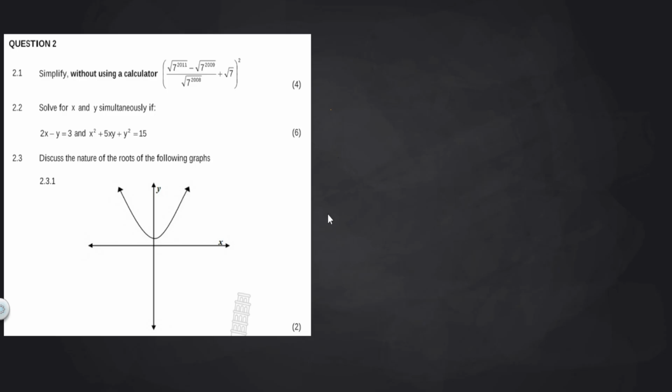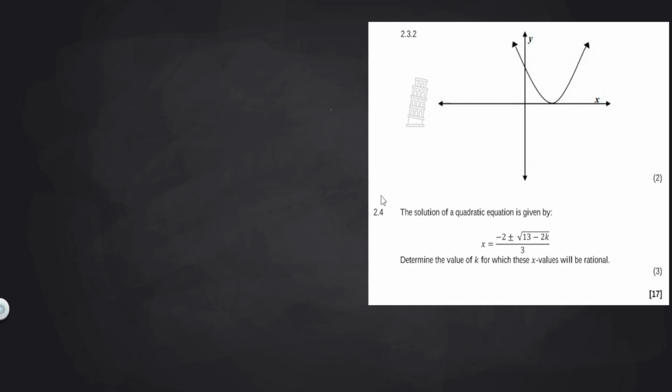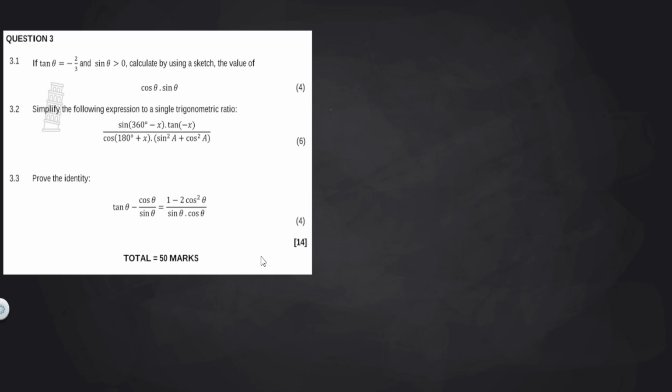Question 2 is a little bit of my exponents and nature of the roots, as well as my equations. Then it continues nature of the roots again. Then it ends like question 3 with the trigonometry.